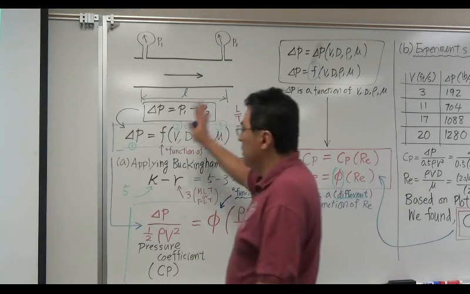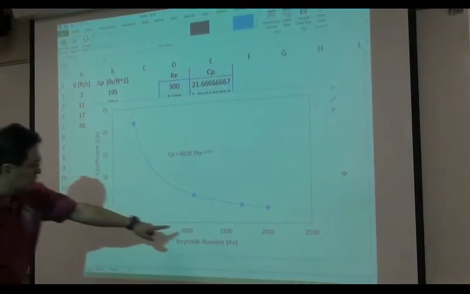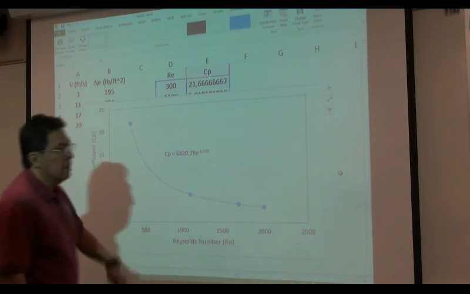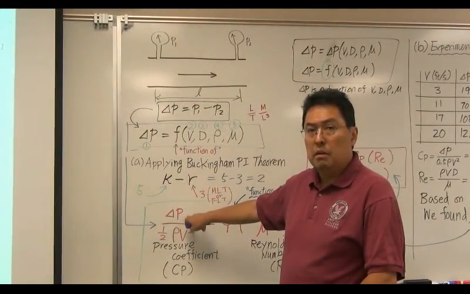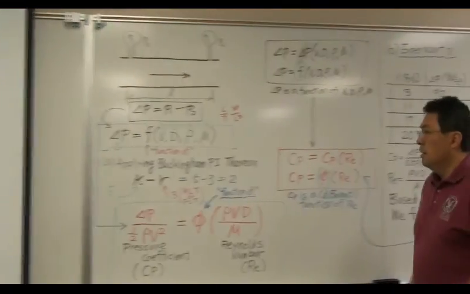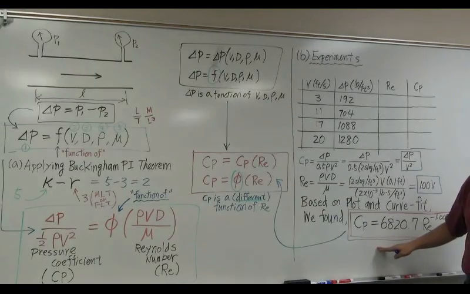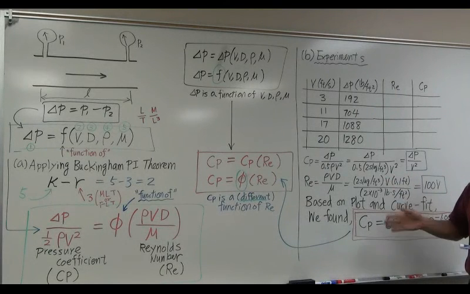Well, you can determine that. 1200 comes with a pressure coefficient of like 5. If the pressure coefficient is 5, you can determine how much delta P you have. This is very, very useful information. Plots together with the squeezed out mathematical function relate Reynolds number and CP. So this is why you have to conduct an experiment, come up with a plot, and then the plot gives you an equation.